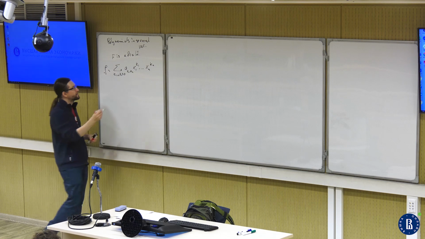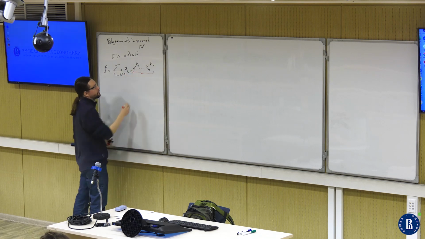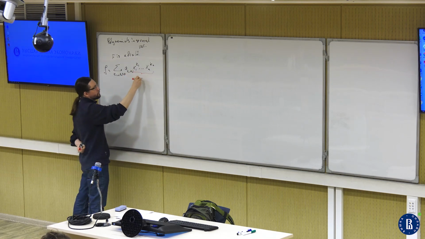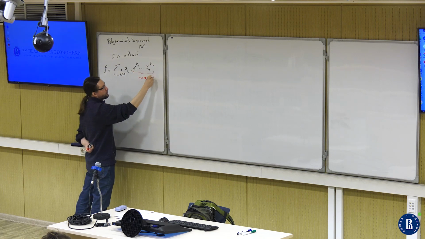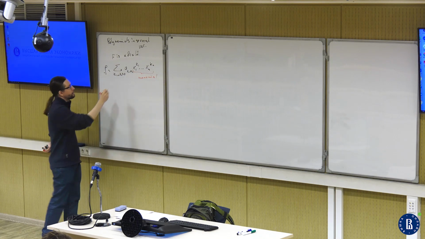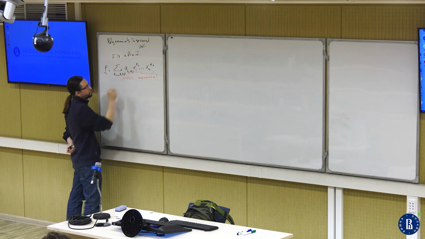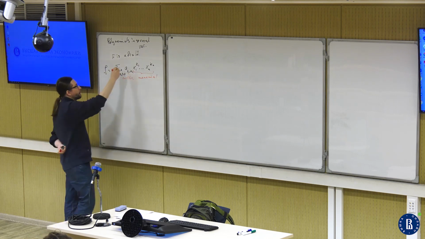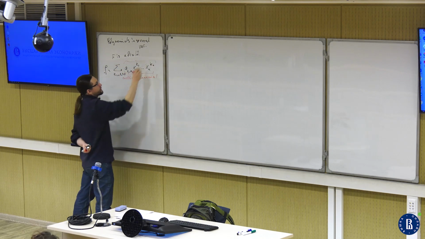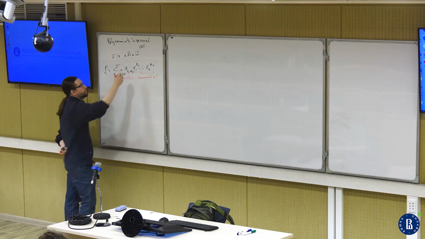Now, this part of the polynomial is called a monomial. This is the corresponding coefficient. And the whole summand is called a term.